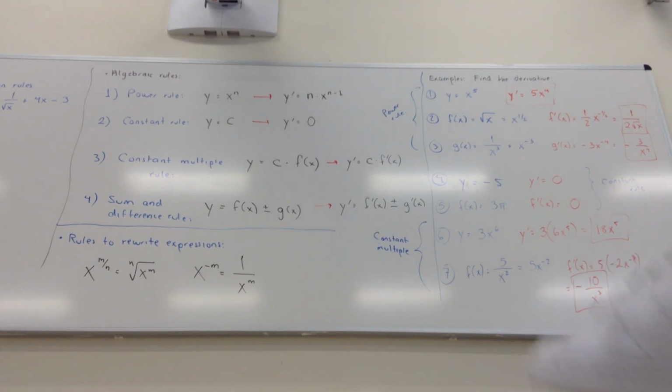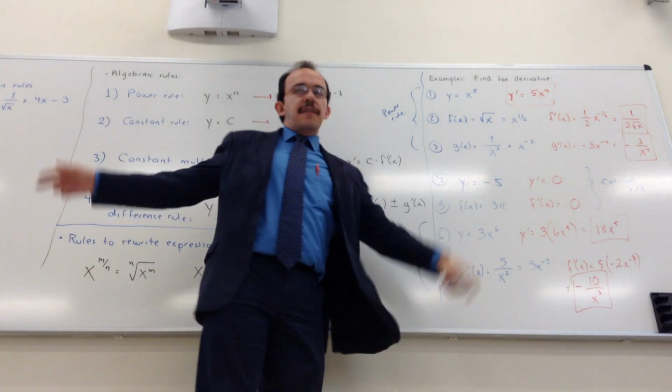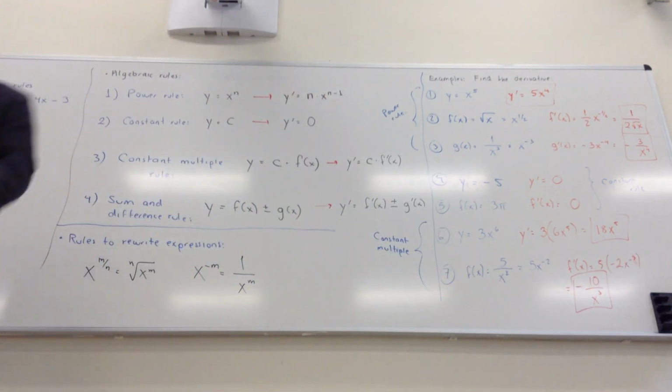Here, I have all of this in my function. 5x to the cube plus 2x to the fifth power minus 1 over square root of x plus 4x minus 3. What's the first step? Before that. Yeah, like we did here. The very first step for this kind of exercise is to rewrite everything.